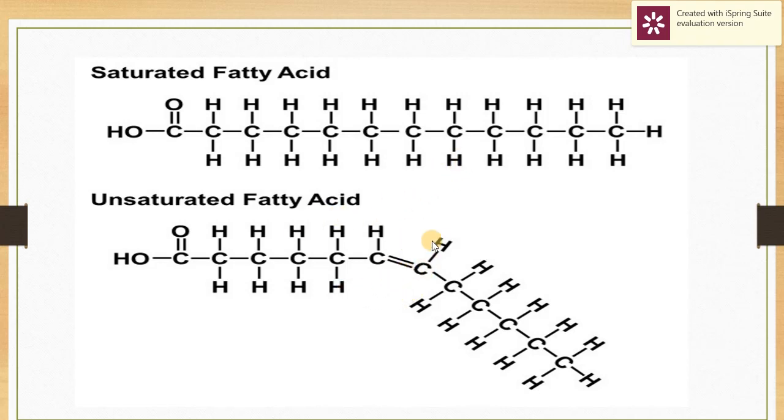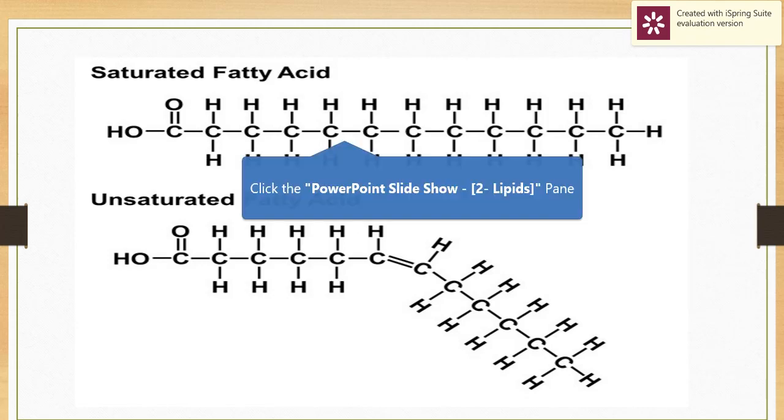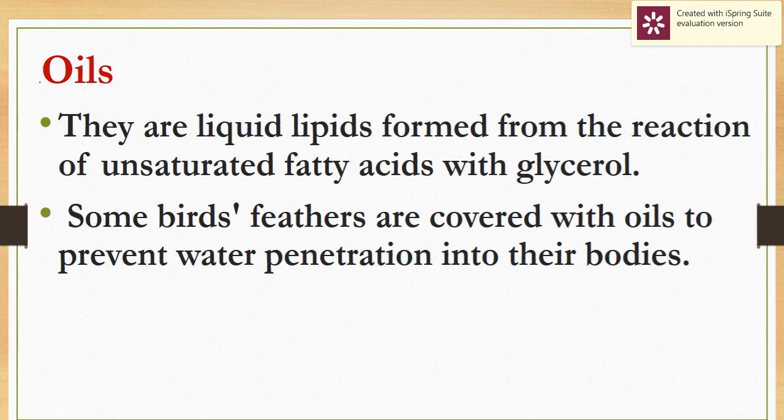When we have a double bond between the carbons, it is called unsaturated. It becomes saturated when all the carbons have the maximum number of hydrogens linked to them, and we have only single bonds between them. So this is called a saturated fatty acid, and this is called an unsaturated fatty acid.